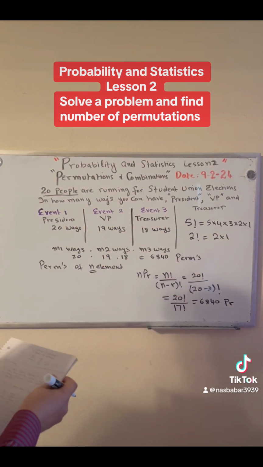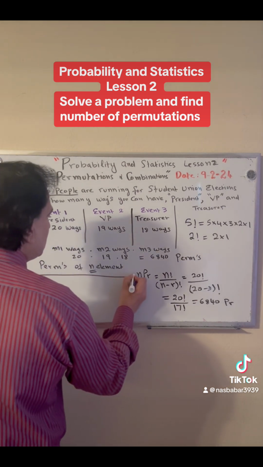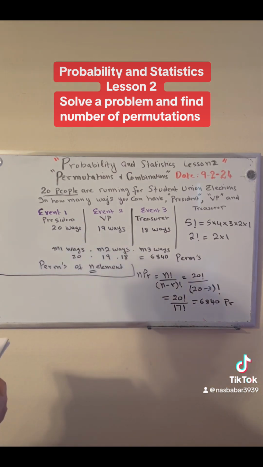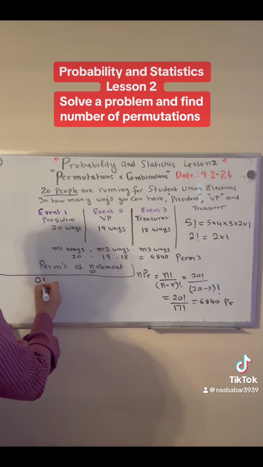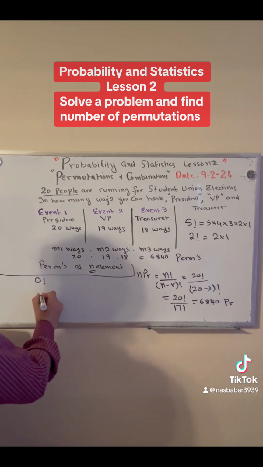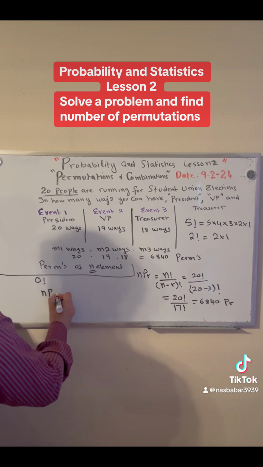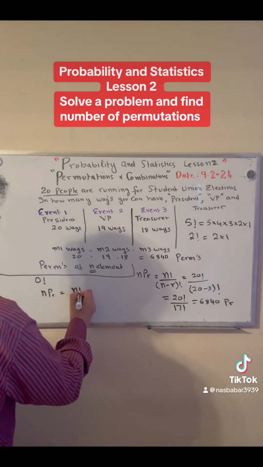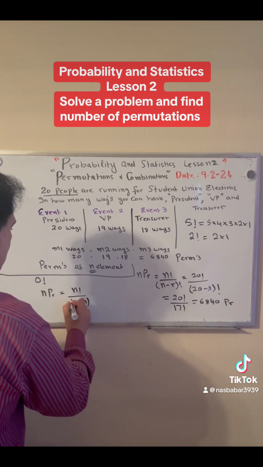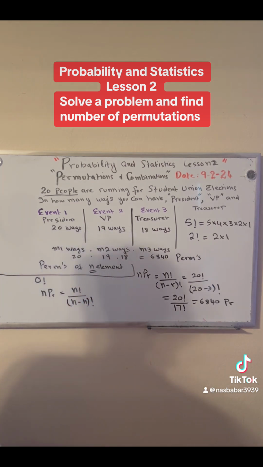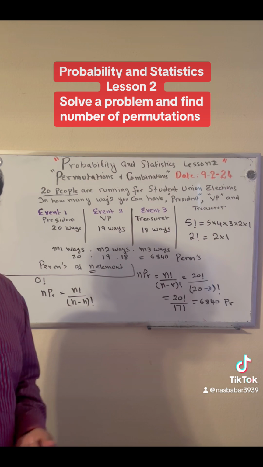One last thing which I want to mention before I close out this section is 0 factorial. What is 0 factorial? If you have something like nPn, which is equal to n factorial over n minus n factorial, that means the n elements and the events are the same.